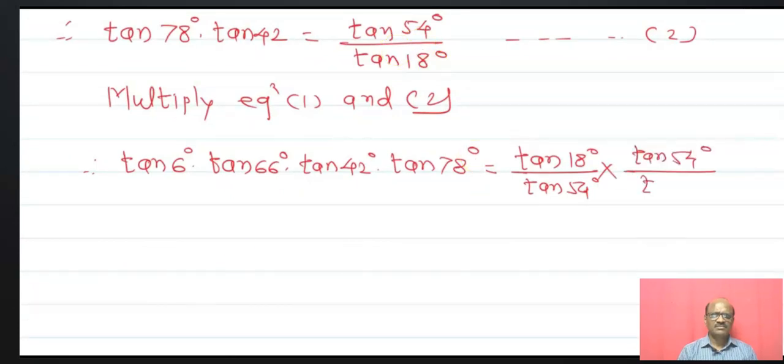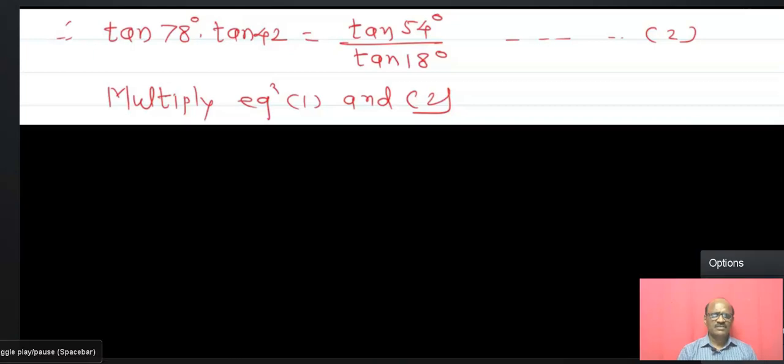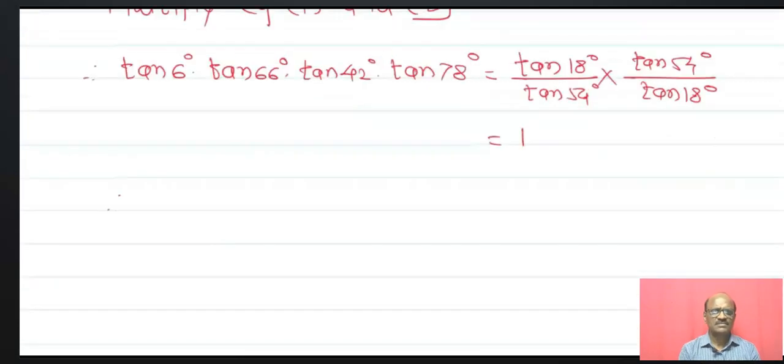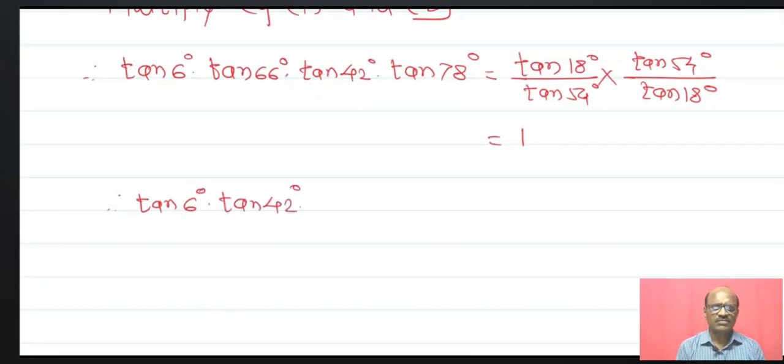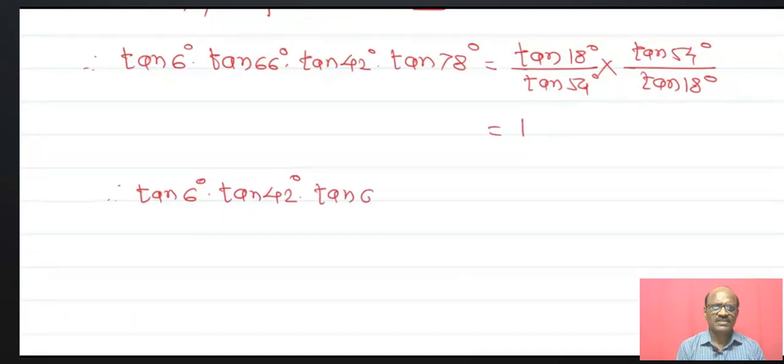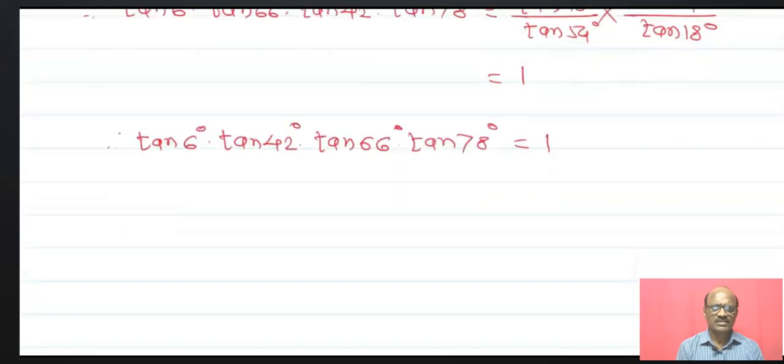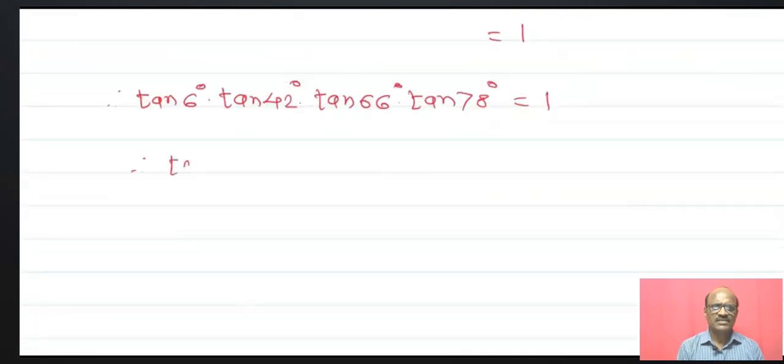And these two terms get cancelled here, and that's why on the RHS we have 1. Now see this here, that is equal to 1. Therefore tan of 6 degree, tan of 42 degree, tan of 66 degree into tan of 78 degree, and that is equal to 1, and hence the result is proved here.